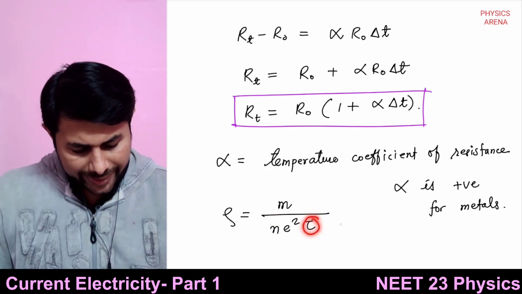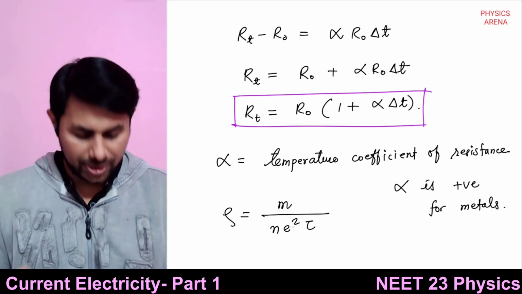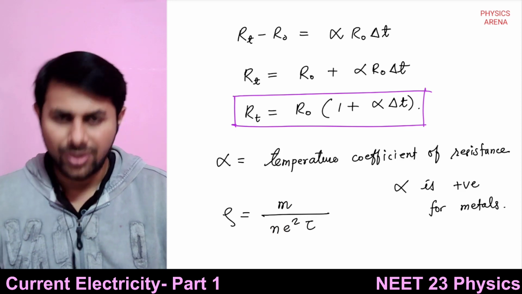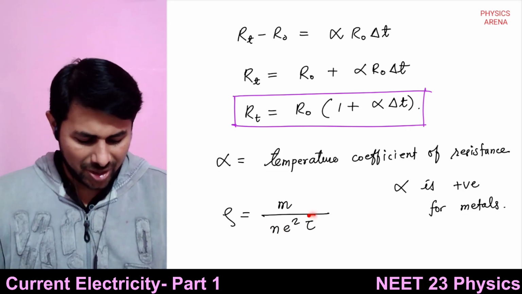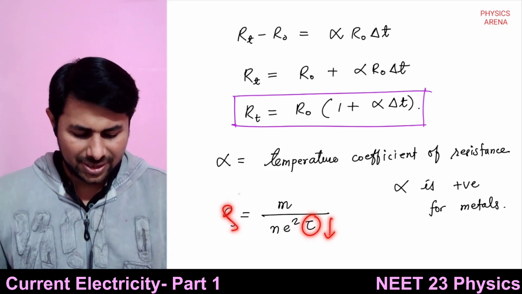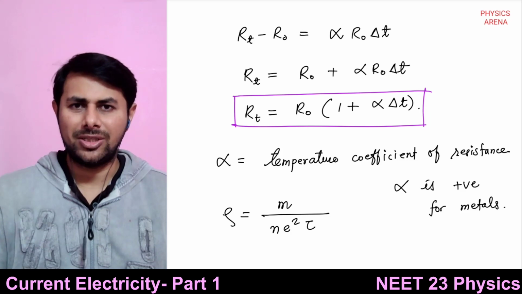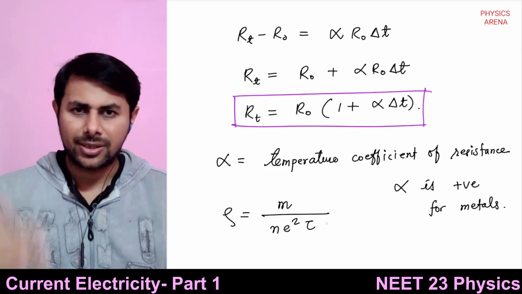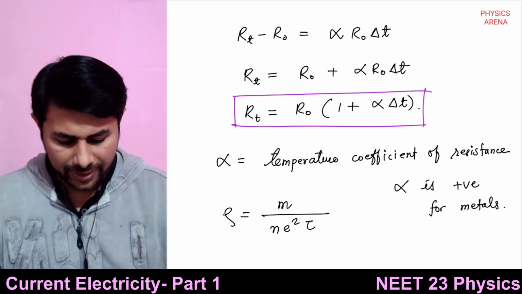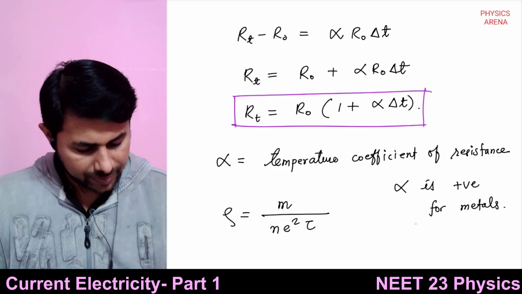So tau decreases and n increases. Now there is competition between these two, and whichever happens faster wins. If tau decreases faster, then resistivity will increase, because it is inversely proportional. But here n increases faster compared to the decrement of tau, and that's why resistivity decreases as you increase the temperature.